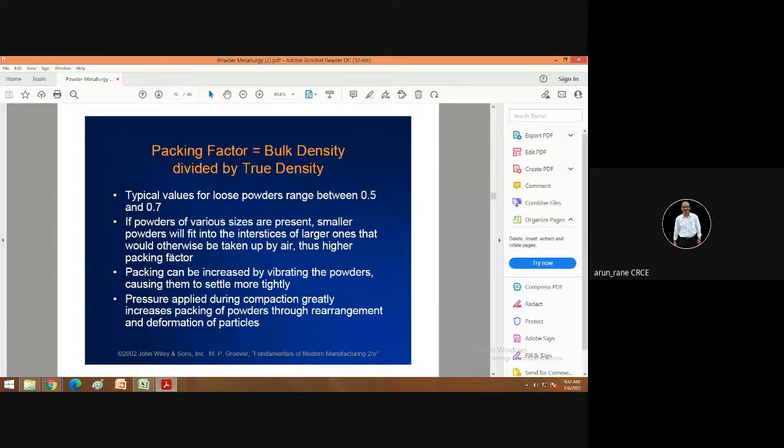Then there is another parameter called the packing factor. Packing factor is given by bulk density upon true density. The true density is always bigger, so the ratio will always be less than 1, and generally the packing factor is in the range of 0.5 to 0.7.